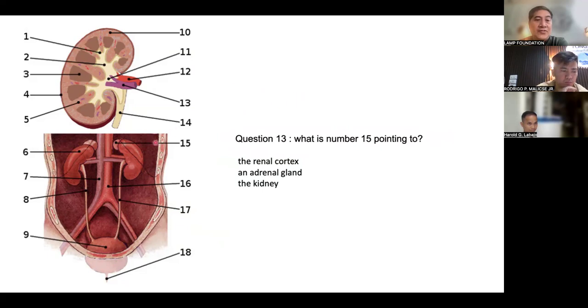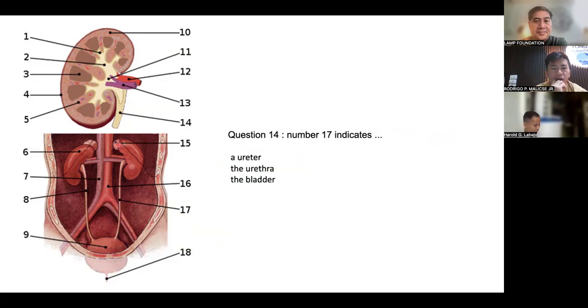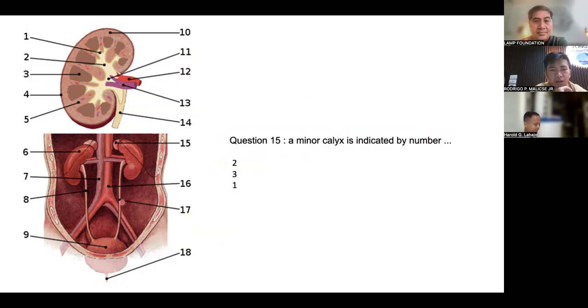What about number 15? The adrenal gland. Number 17 is the ureter. Okay. Minor calyx is what number? 1.